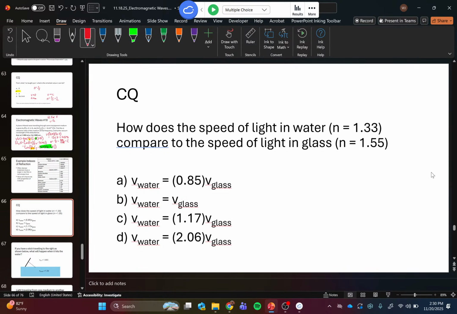We'll do this question real quick, just to make sure you all can see something here. How does the speed of light in water compare to the speed of light in glass? And be careful. With these kinds of problems, make sure your answer makes sense. Make sure you can read these. For example, this first answer says V water equals 0.85 V glass.